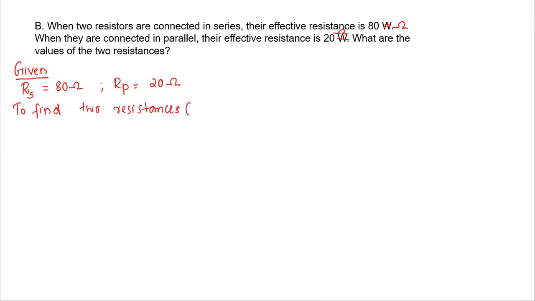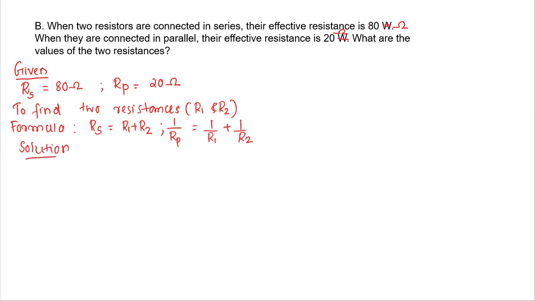Here series and parallel, both the values are given, so we have to use both the formulas. We know the formula for series is RS is R1 plus R2. And for parallel, it is 1 upon RP is equal to 1 upon R1 plus 1 upon R2. These two formulas we have to use. Let us start with the solution.